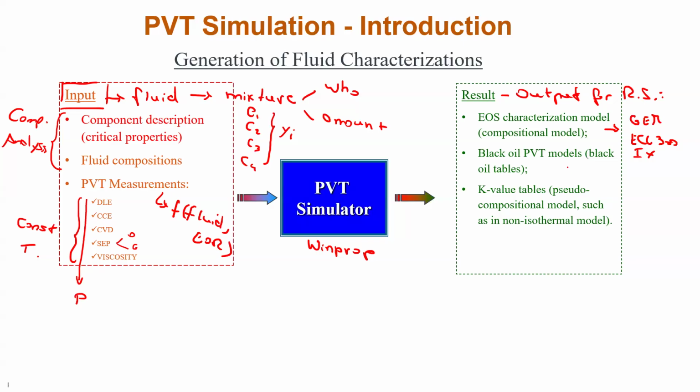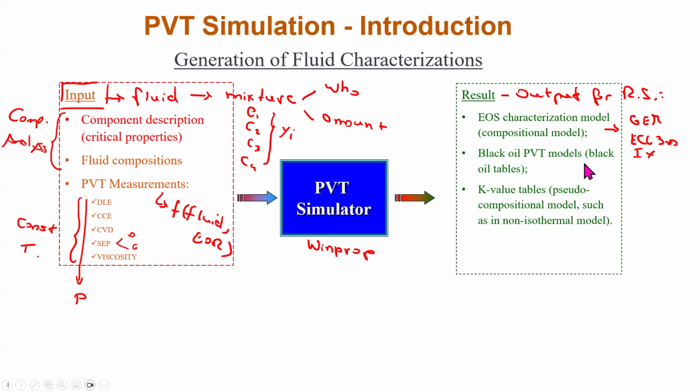For black oil simulators, very useful, especially when you don't have the compositional changes induced by the recovery method, such as depletion, such as water flooding, immiscible gas flooding. In this case, sometimes you don't need to run a compositional model. You can model your field or your reservoir using a black oil model. It is much simpler than a compositional model.